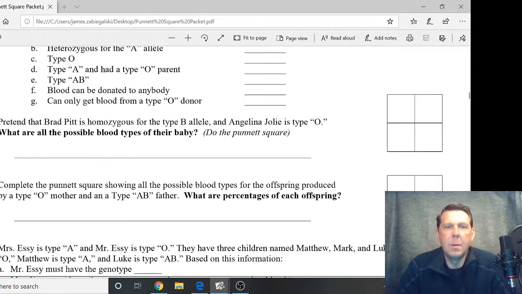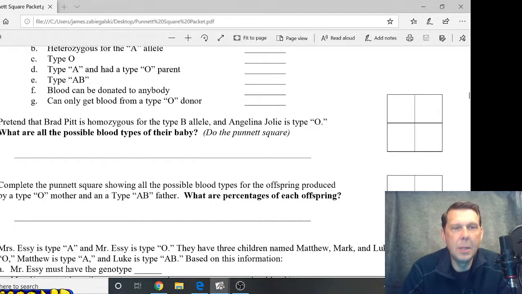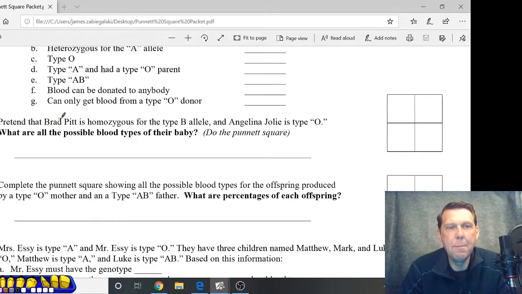Pretend Brad Pitt is homozygous for type B, and Angelina Jolie is type O. What are the possible blood types of their babies? Well, first of all, they'd have to get back together. This is an old PDF apparently. Okay, Brad Pitt is homozygous for type B. So we're going to put Brad on the side.